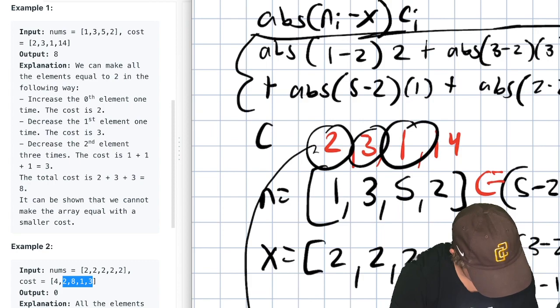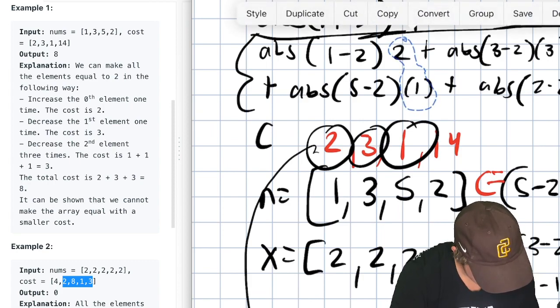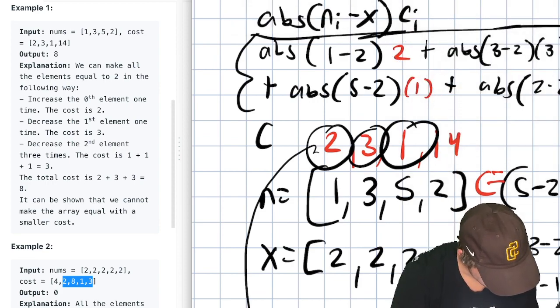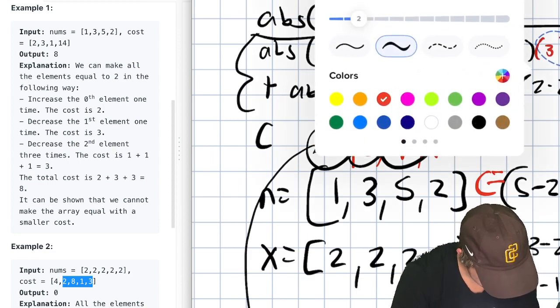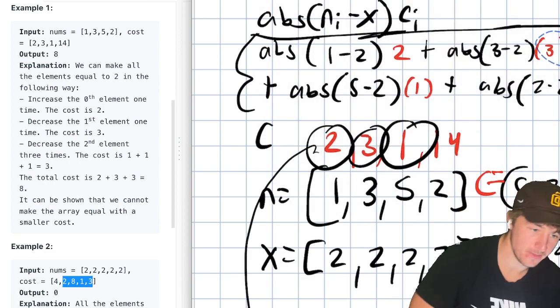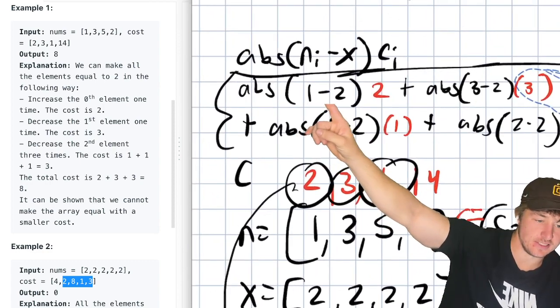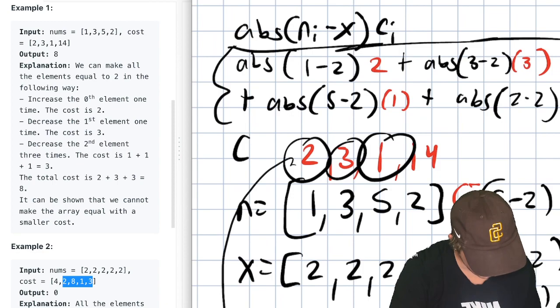All right, and then just to make things super clear here, we'll paint these red. So you know which values are corresponding to which other values. Right, so this is the formula. So what's this? Let's just simplify this on the fly. Okay, so this is 1 times 2, which is 2.